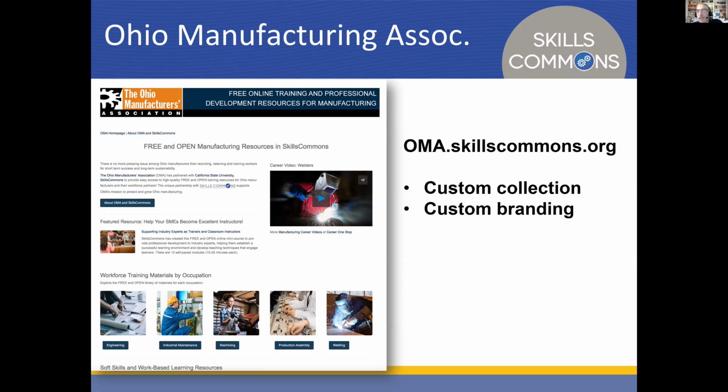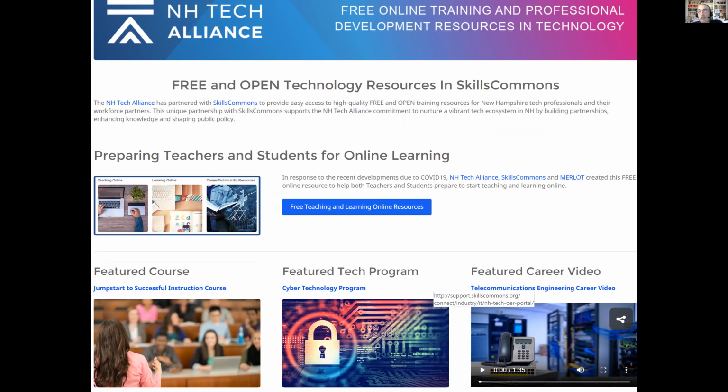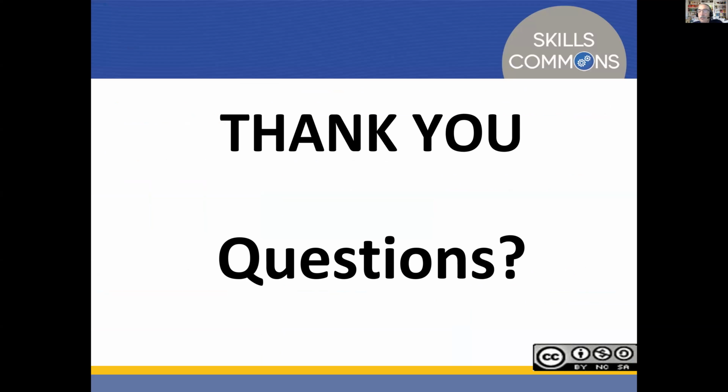So one of the examples is we've worked in Ohio as one of our states, and they have a manufacturing association, and all these businesses were saying, this looks like wonderful resources, but we need to create a library that's just our stuff to make it easy for people to find these things. So we can create websites that are specific to an industry sector. And we've done something in New Hampshire for information technology, computer science. So those are some of the tools that we have there.